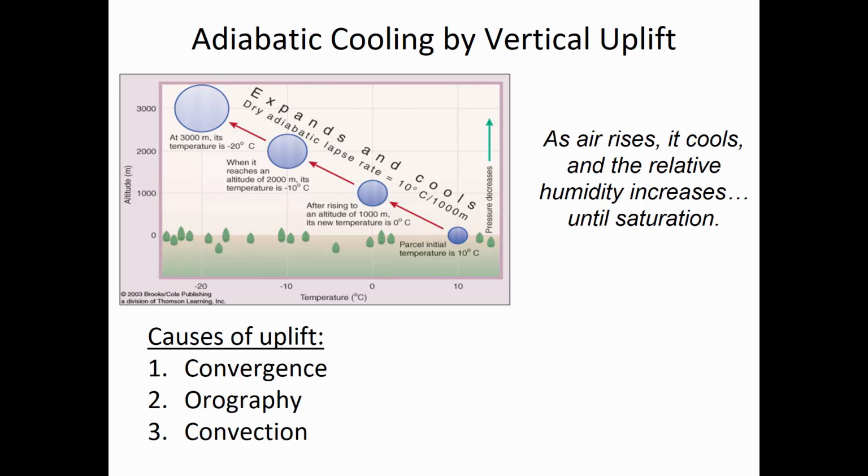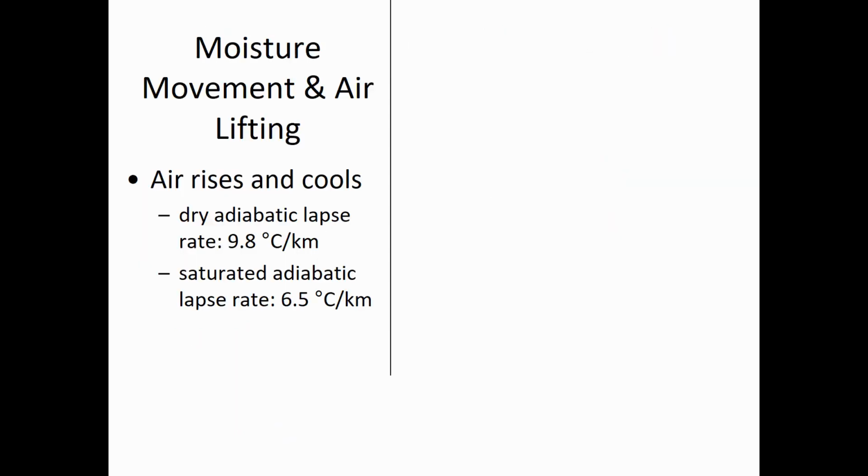And so the three main things that cause air to rise are convergence of storm fronts, orography, which means wind flowing over an obstacle, and convection, which is lifting due to heating. So we'll talk about each of those three different causes of uplift. The most complicated of the three is convergence, where you've got storms coming together.